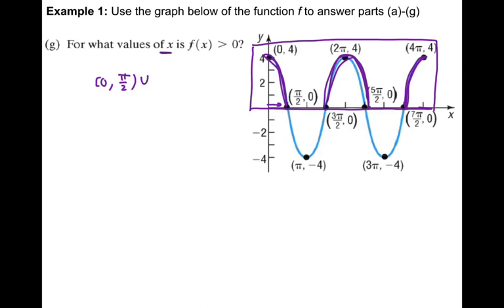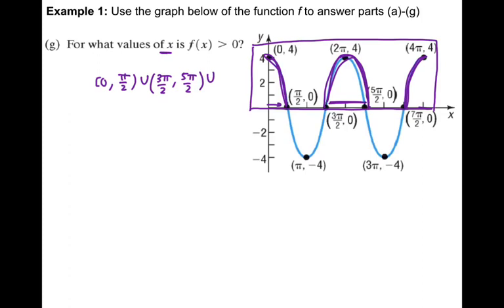The next piece then is between 3 pi over 2 and 5 pi over 2. And again, we're not going to include those values because at 3 pi over 2 and 5 pi over 2, our function again is equal to 0. Those are the zeros of our function. So I'm going to include parentheses around 3 pi over 2 and 5 pi over 2 to denote that we don't include those in the interval.